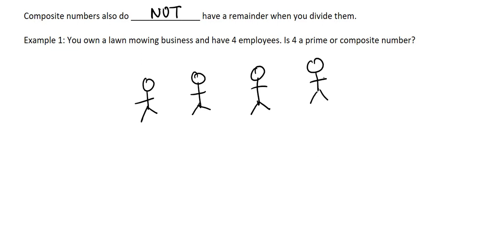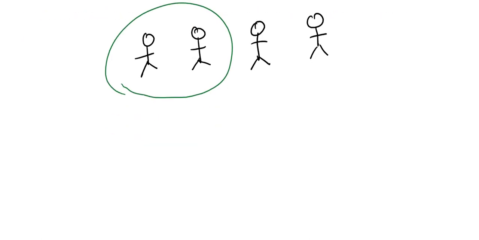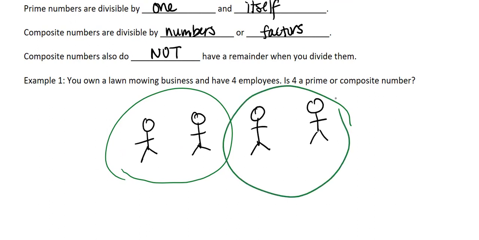And so prime numbers means that we cannot divide this into equal smaller groups, whereas composite numbers, we could actually divide into smaller equal groups. So 4, essentially you could have 2 teams of 2 here.